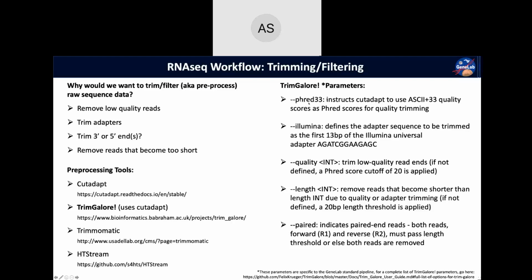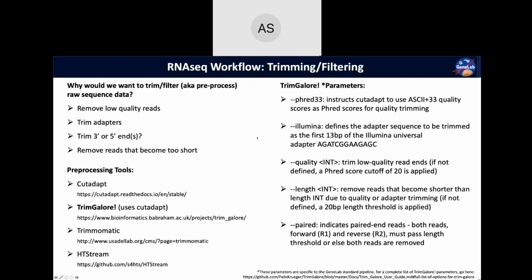We want to make sure that our trimming tool knows which ASCII code we're using to indicate the quality. If you remember, we were using ASCII plus 33 symbols to indicate our quality. Because we're trimming based on quality, the tools need to know what that code is to know the quality of each base pair. So we definitely need to tell them that.